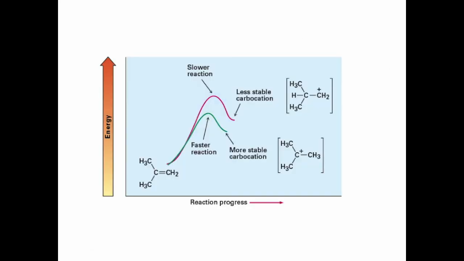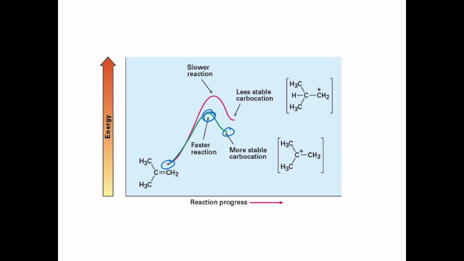So let's look at this in the context of the alkene addition. In the alkene addition, we form a carbocation by protonation of an alkene, and that's an endergonic step. Thus, this transition state will structurally resemble the carbocation intermediate, because this is closer in energy to the transition state than the starting material. Therefore, any factor that stabilizes the carbocation will also stabilize the nearby transition state.